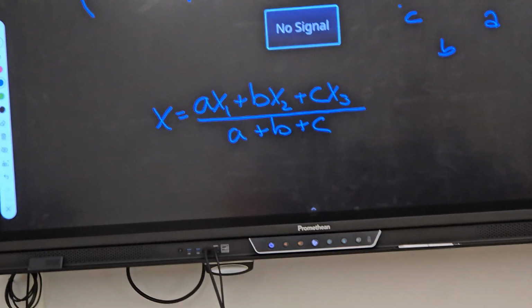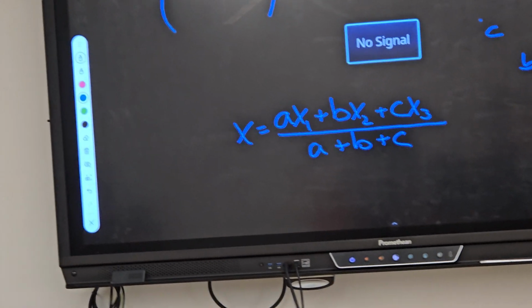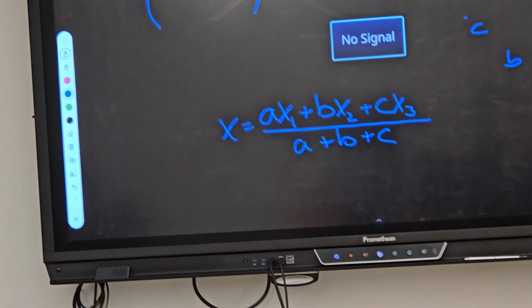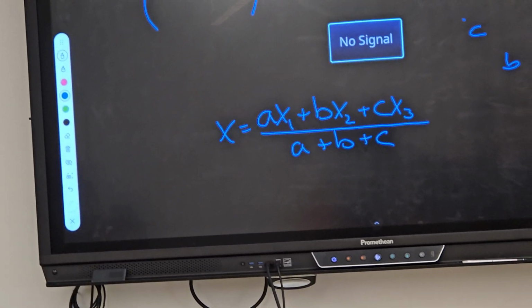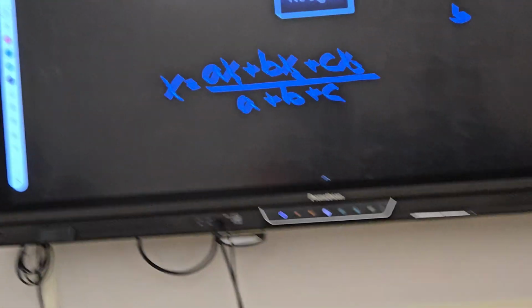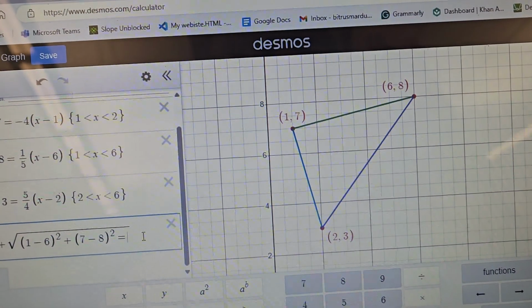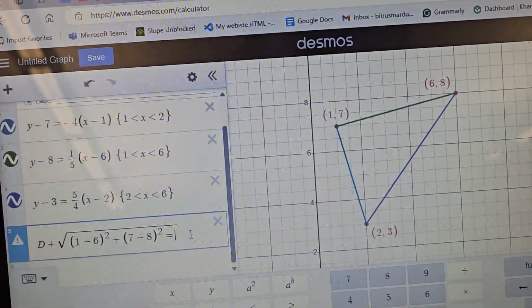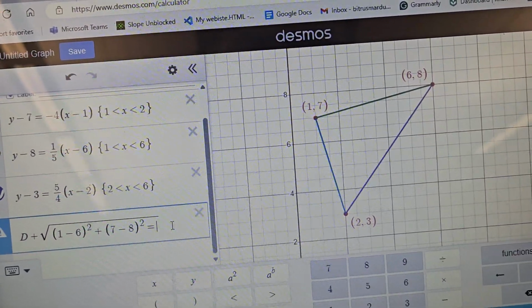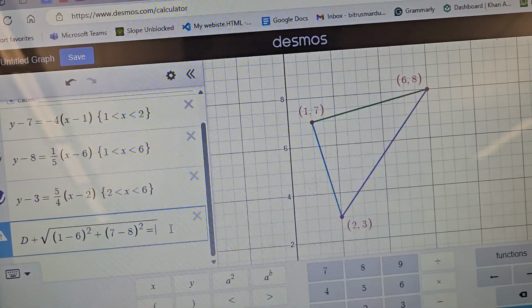You see that? Basically you've got to be plugging in the coordinates, the points, and the sides of the triangle. Alright, so first what you want to do is plot your 3 points and then find the slope of all 3 sides.